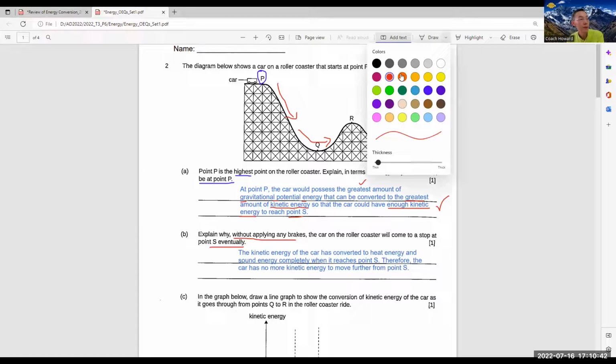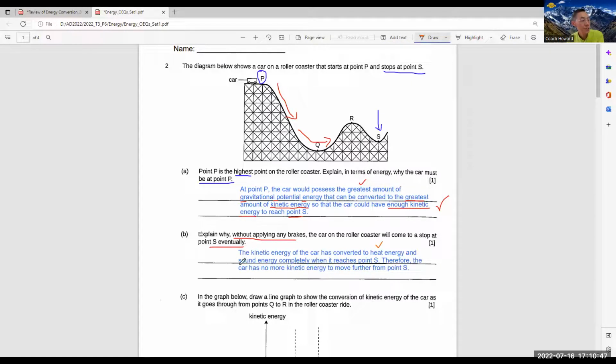So you must mention this part. Has been converted to heat energy and sound energy completely. There's no more kinetic energy. That's why it stopped. Okay. So the car has no more kinetic energy when it reached point S. Okay. So this one, once again, I will send the screenshot to you all to get this answer.